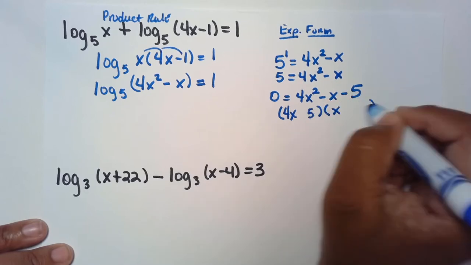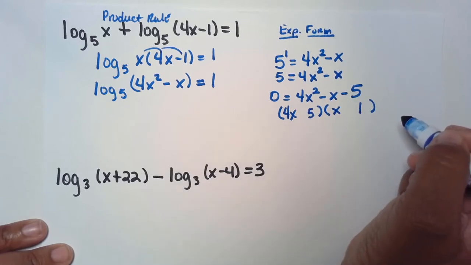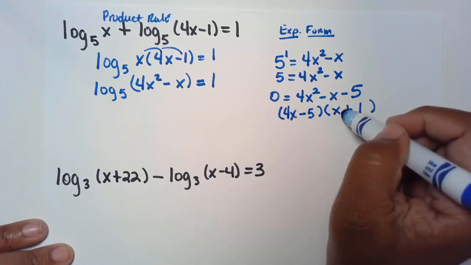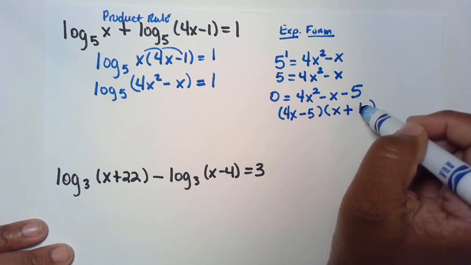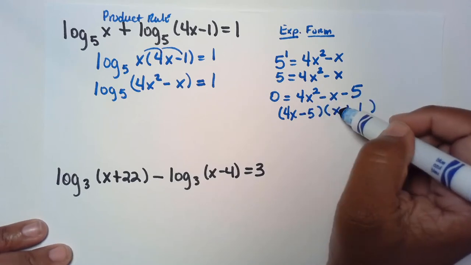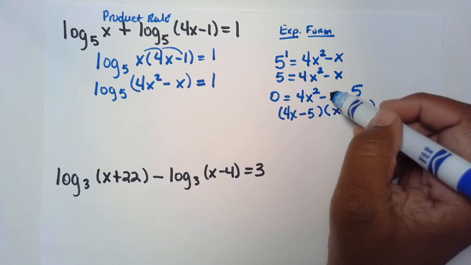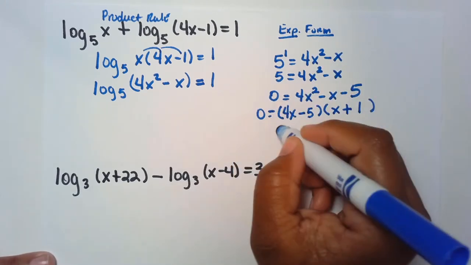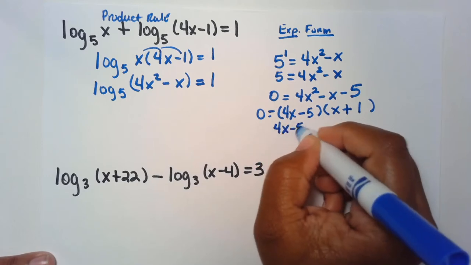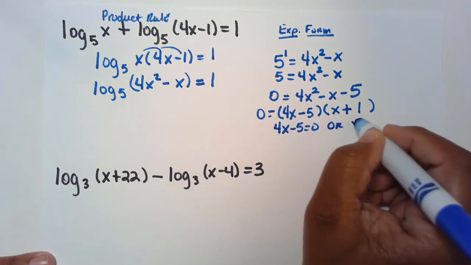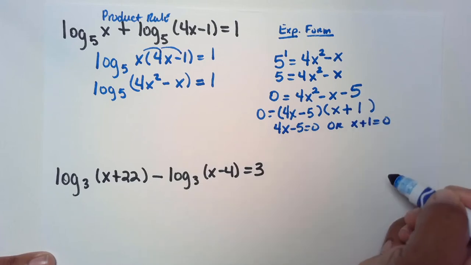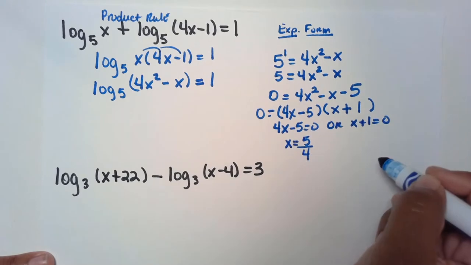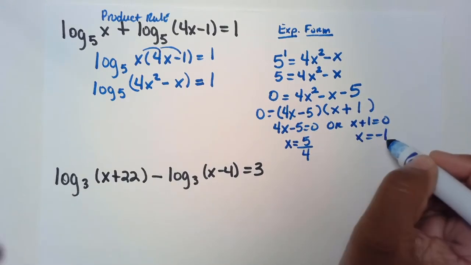Here we have 5, and then that would be 1. That's negative, and this is positive. So when we check, first term, that's 4x squared. Outside term, that's positive 4x. Inside term, that's negative 5x. So that would give us a negative 1x, and we have minus 5. Now, set each of these factors equal to 0 and solve. Okay, we have x is equal to positive 5/4, and then we have x is equal to negative 1.